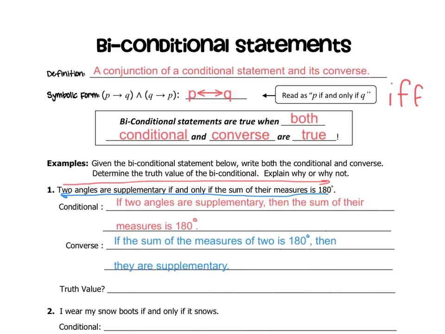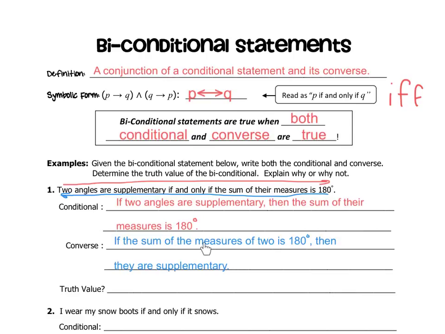If we go from left to right, if two angles are supplementary, then the sum of their measures is 180 degrees. We just picked those phrases up, putting it in an if-then statement, because we can't have the if and only if. That tells us that it goes in both directions. So right now we're breaking it up into two separate statements, and the blue one goes from right to left.